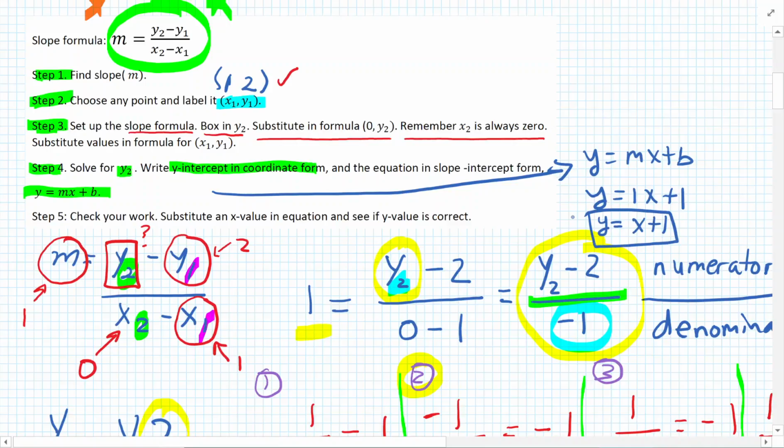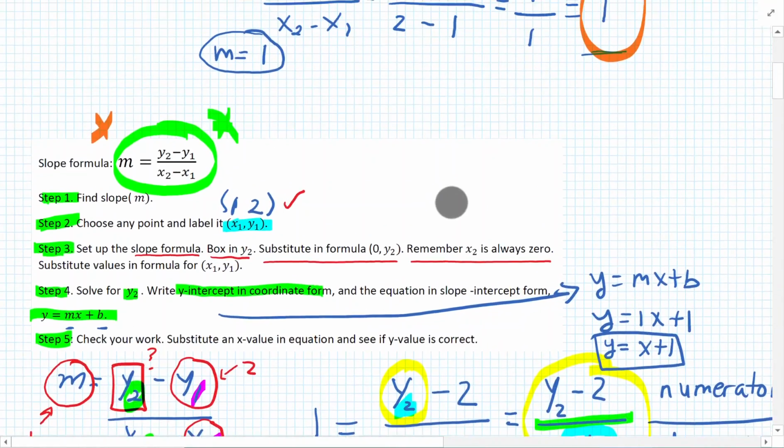So in slope-intercept form, we know m, we know b, we keep y and x unchanged, and that's the equation of the line represented by the slope and point. Check our work. Let's substitute in a point that we know is on that line.